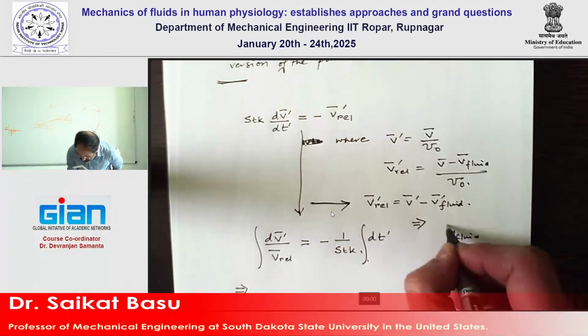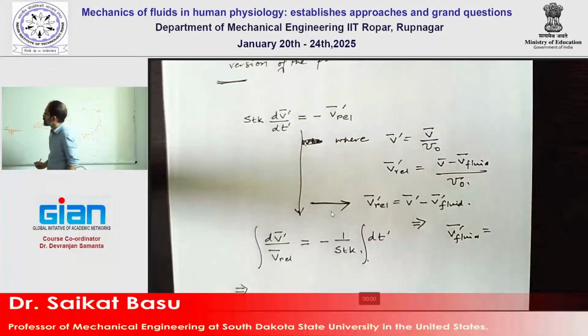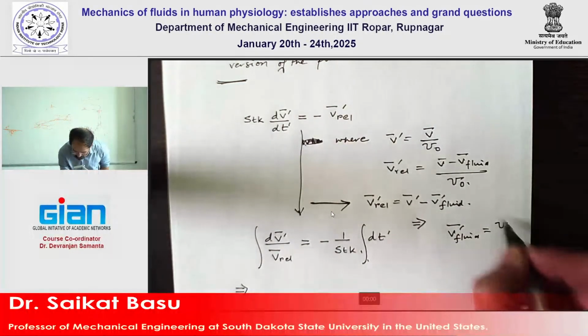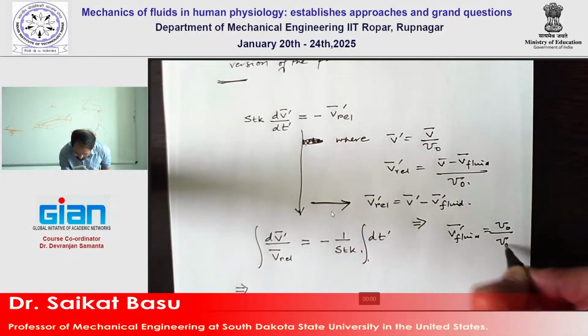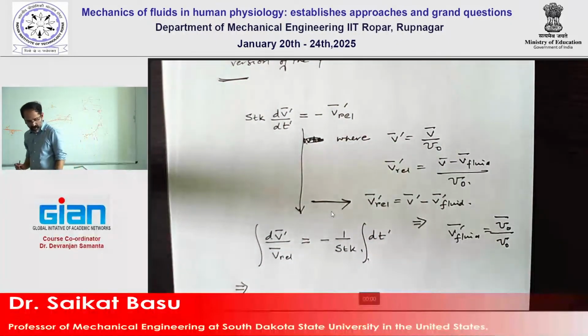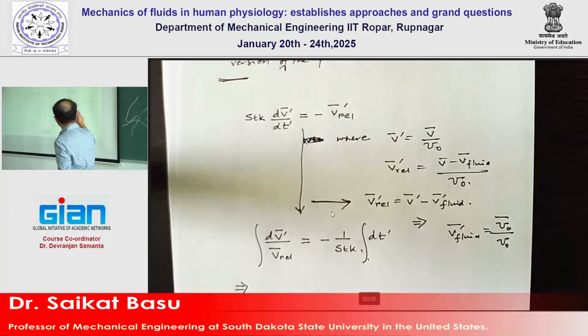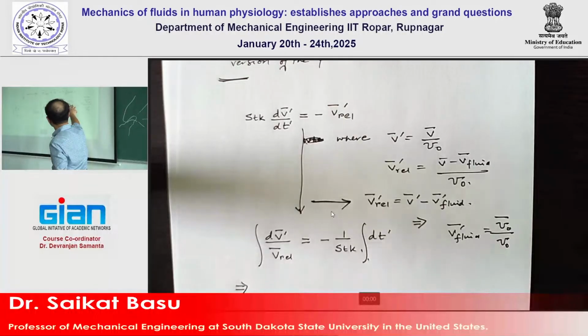Now what is V prime of the fluid? It is U naught. So we are thinking of a situation where the velocity of the fluid is constant, and we are non-dimensionalizing it with respect to its magnitude. So this by itself is a constant term, the non-dimensionalized version of the V fluid.